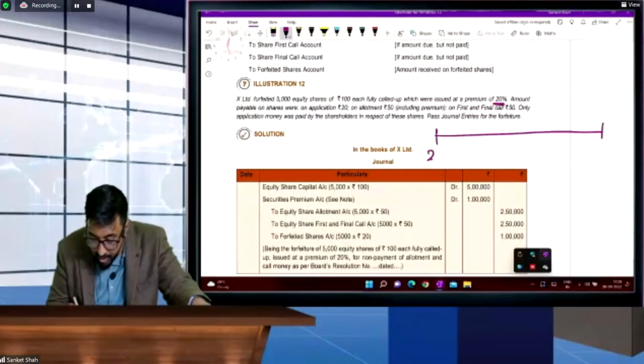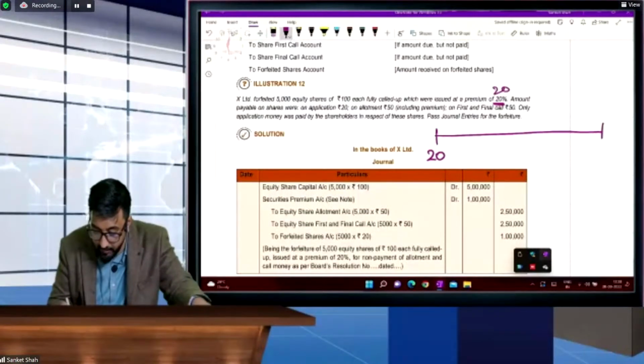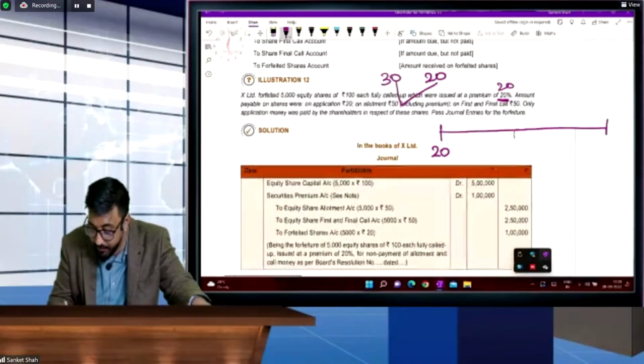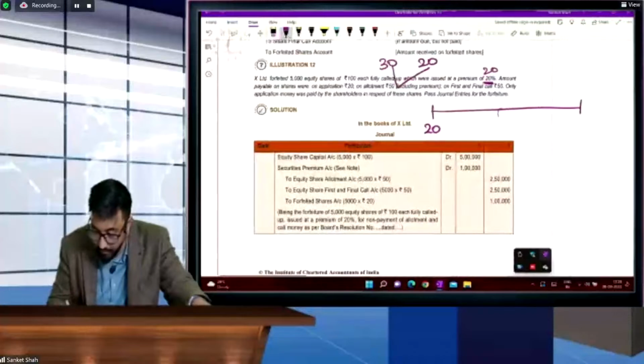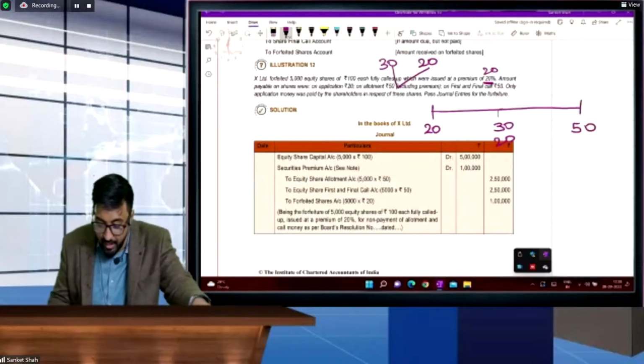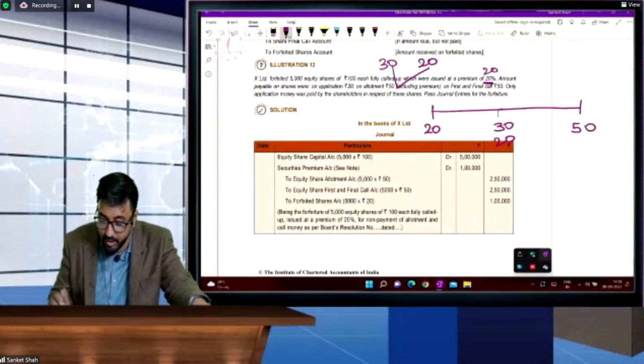On application 20, so premium is 20 beta. Allotment 30 face value, 20 premium, because including premium, and 50 rupees first call. Only application money was paid by the shareholder.